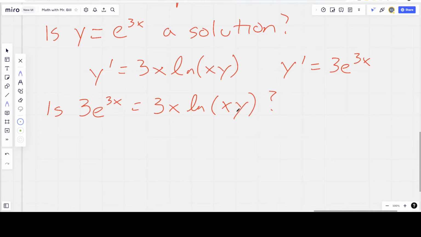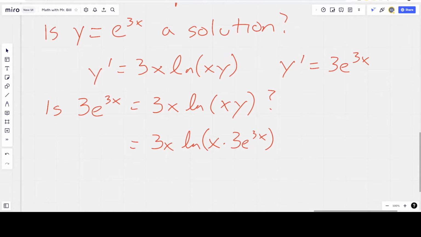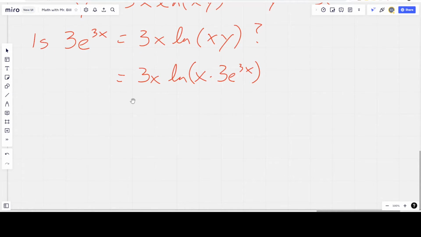Well, let's plug in the y, and let's see if there's anything that we can do to this. So we've got 3x times the natural log of x times e to the 3x. In order for this to work, things have to cancel. Things have to kind of go away, and I don't know if that's going to happen.